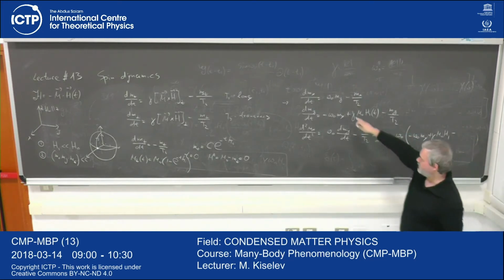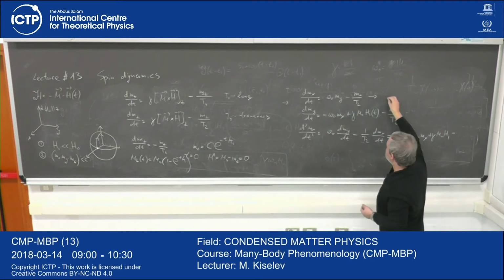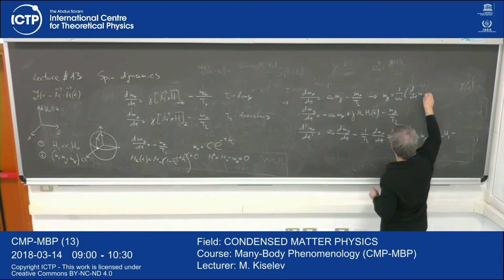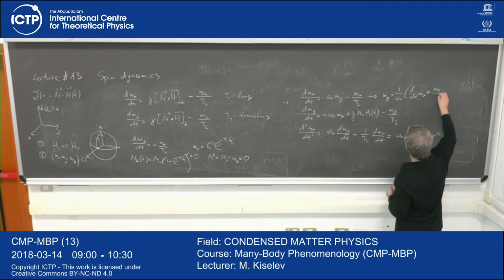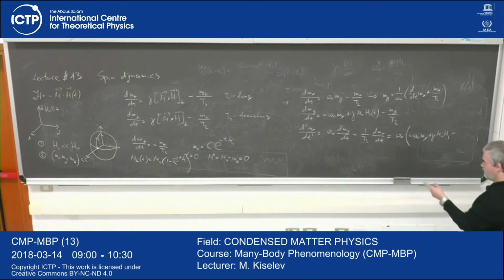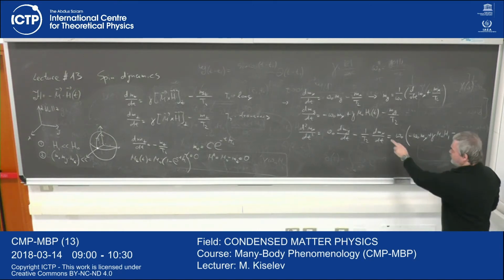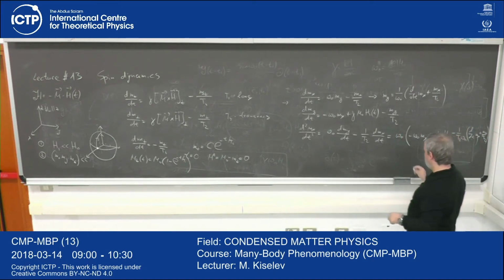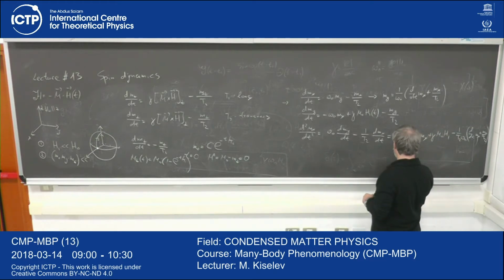However, I would like to exclude my. Therefore, I use the first equation again. From this equation, my is equal to 1 over omega naught times d over dt mx plus mx over T2. So therefore, this is this term minus 1 over T2 omega naught times d over dt mx plus mx over T2, and then I have the remaining term minus 1 over T2 dmx over dt.